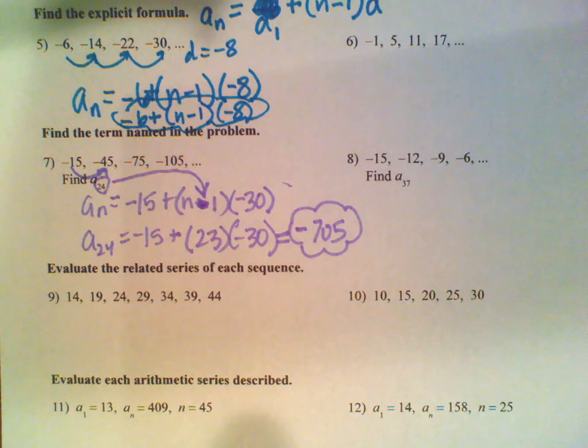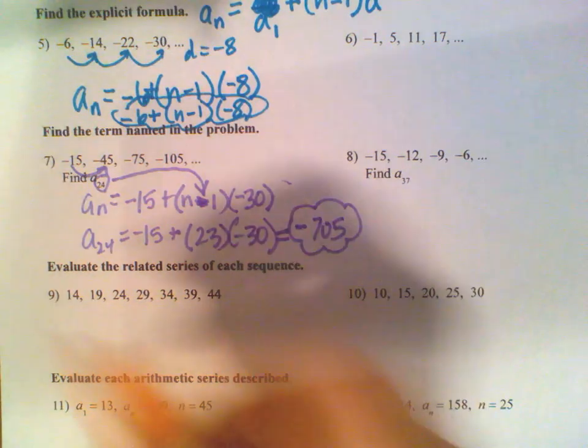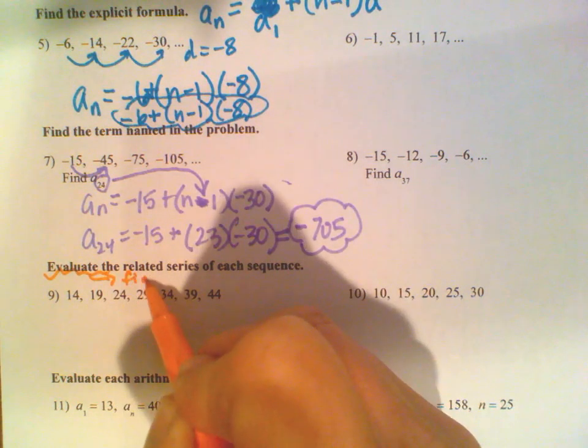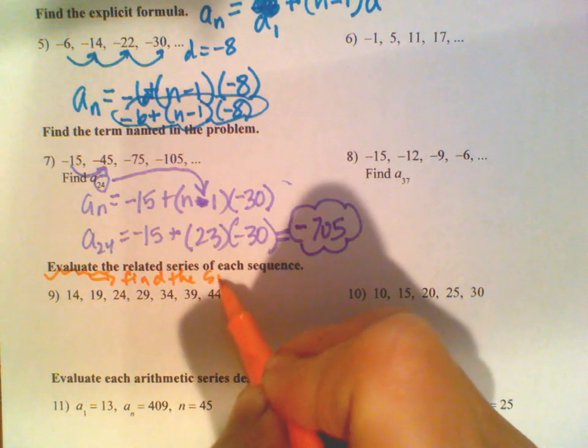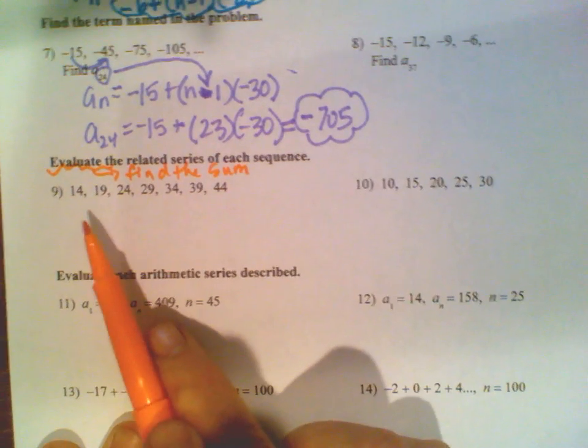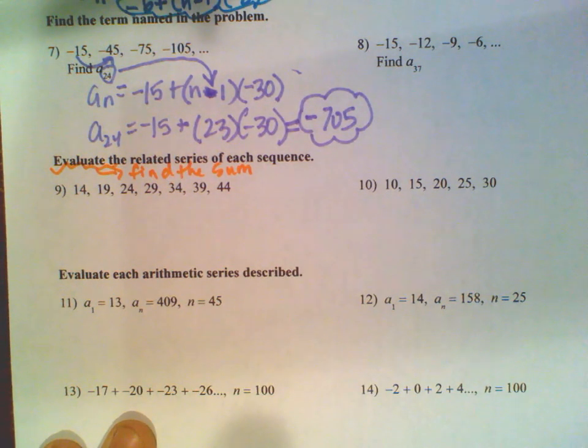All right, so now the last 3 problems that we're going to go through are evaluating series. And when they say evaluate a series, that just means find the sum. And the sum means add. So if I'm just listing all of these things here, I can do just that.